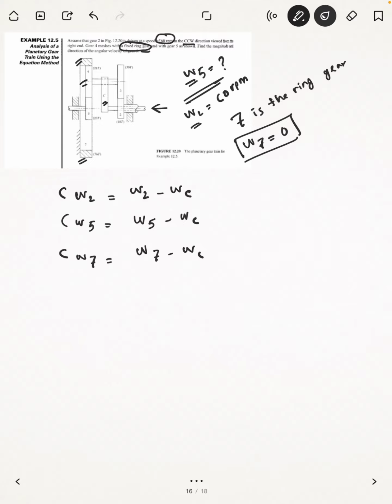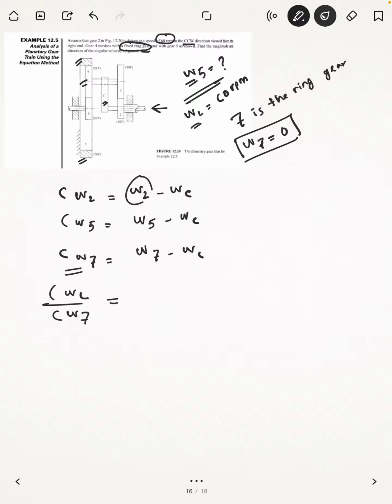So now you have to write in terms of gear 7. You are given this omega 2 velocity. What I'm saying is basically C omega 2 by C omega 7.